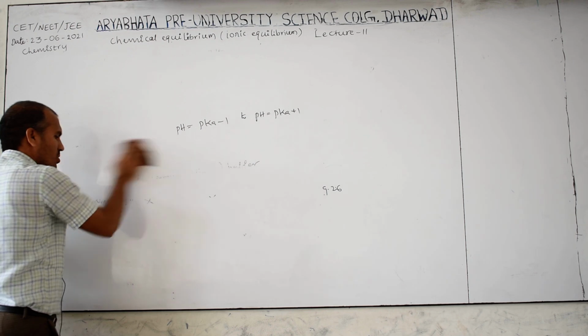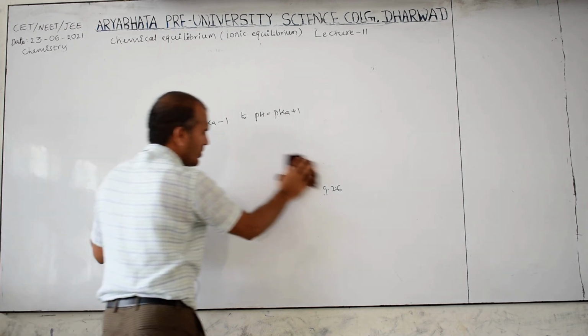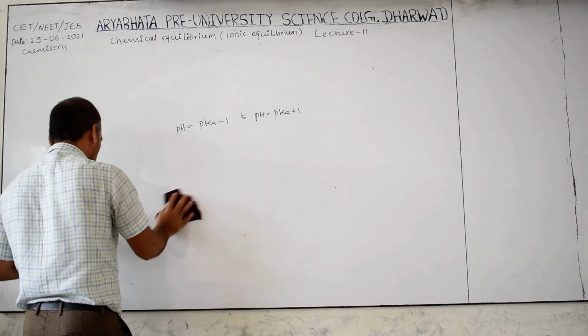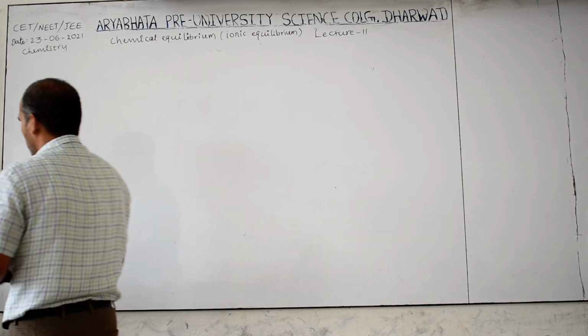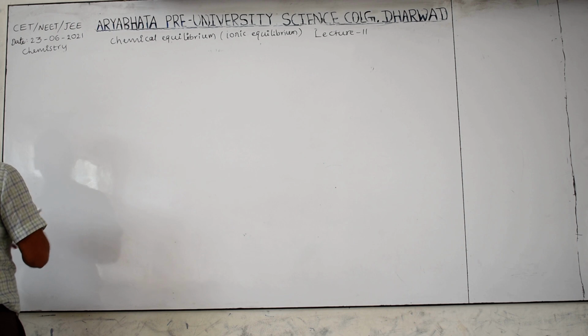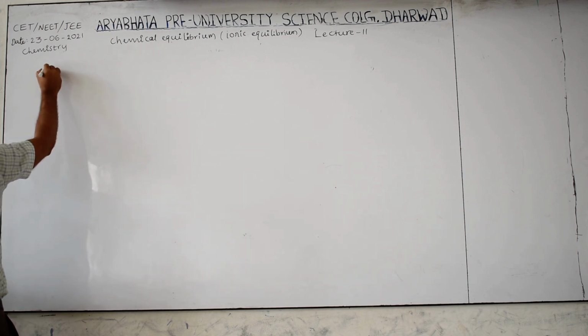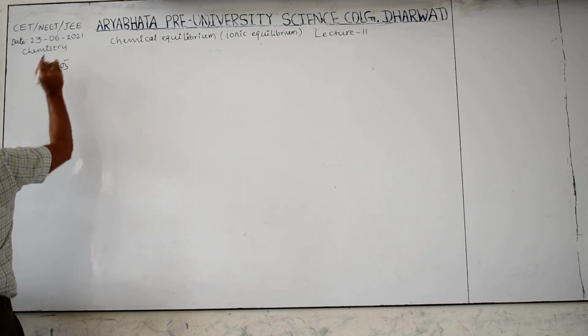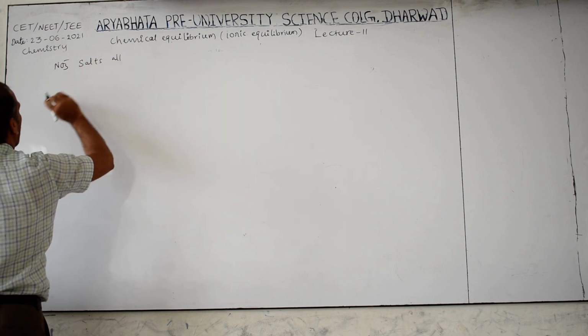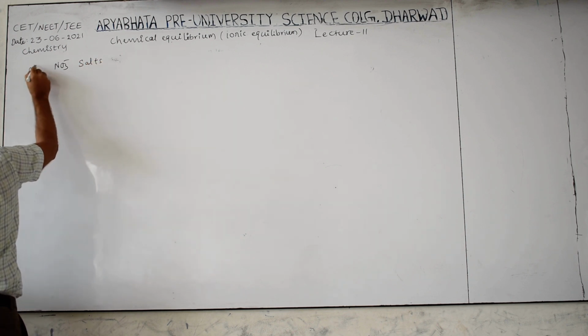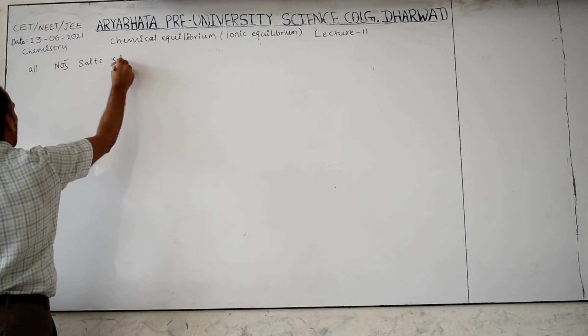All nitrate salts are soluble. Note down this point, a rank shortcut: all nitrate salts, with respect to any cation, where NO3 minus is there, nitrate salts are soluble. All nitrate salts soluble.